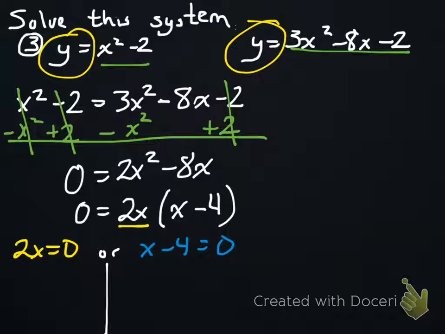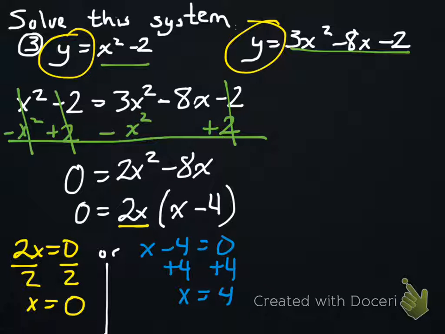And so to solve 2x equals 0, what do I need to do to both sides? Divide by 2. X equals 0. On the other one, what do I need to do to both sides? Plus 4. And so x equals 4. Okay. So this gives me my x values.